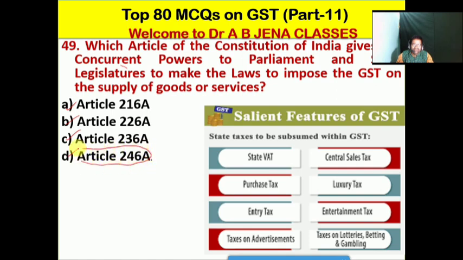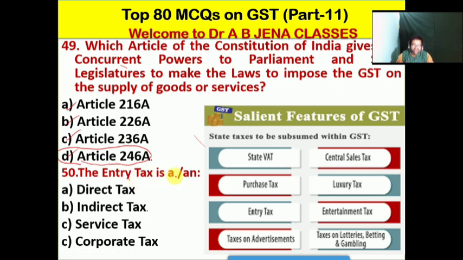The vital MCQ. Article 246A of the Constitution of India gives the concurrent power to Parliament, meaning the central government, and the state legislature, meaning the state government, to make laws to impose GST on supply of goods and services.